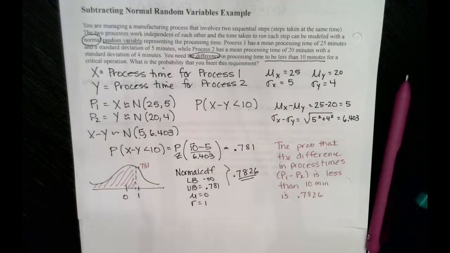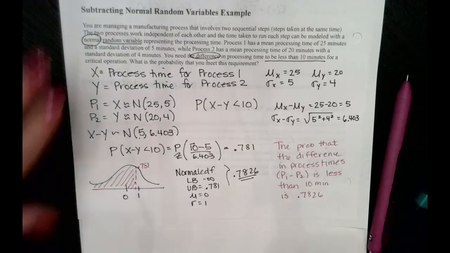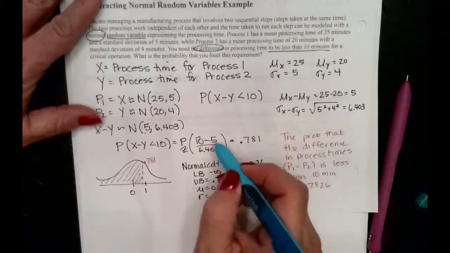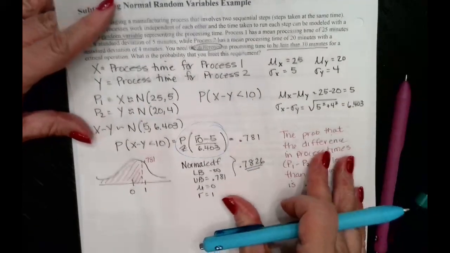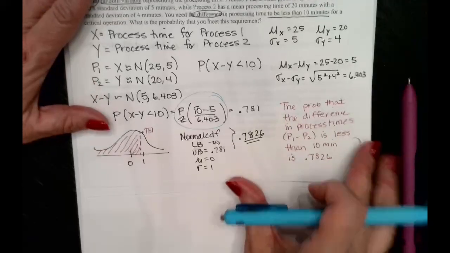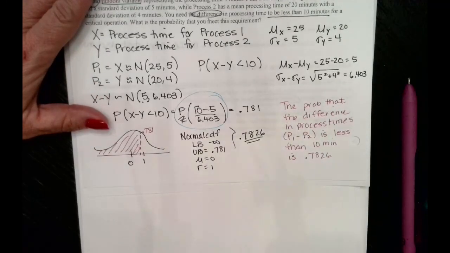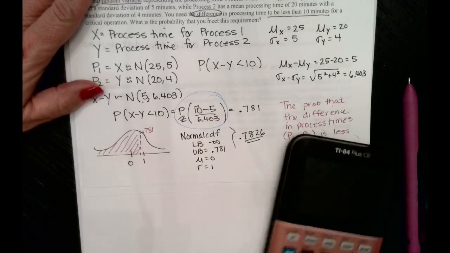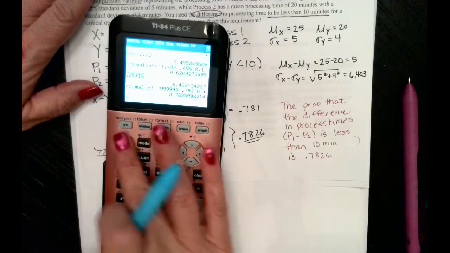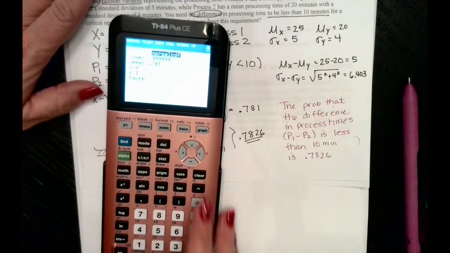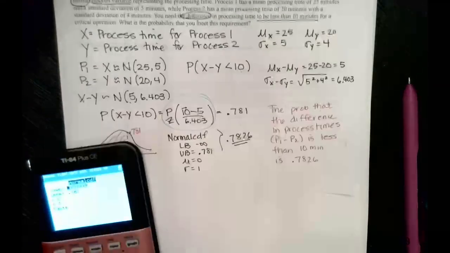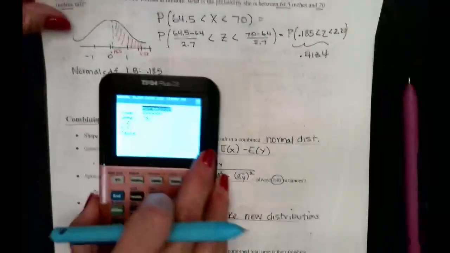Now, one of the things that we haven't done at all in here is we have converted everything to a z-score because for probability, they want to see this. They want to see these z-score calculations. But what we did with area is we said, okay, we don't necessarily need to convert this to a z-score. If I go back in here and do normal CDF, and I look at any of these values, this one's a little harder because it's asking for a difference, but let me pull back this guy.